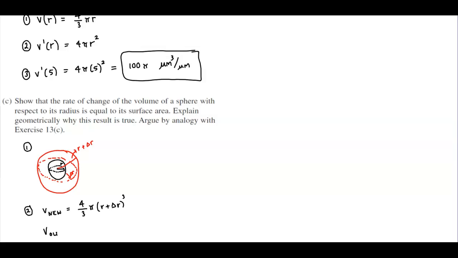And we know the volume of the old is 4/3 pi R cubed. So now we want to find the change in the volume, which is equal to the volume of the new minus the volume of the old. So the change in volume is 4/3 pi times (R plus the change in R) cubed minus 4/3 pi R cubed. So now we need to expand this.